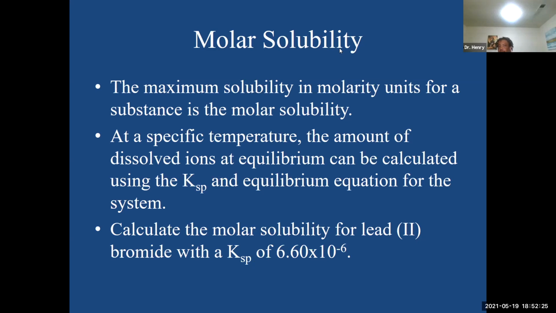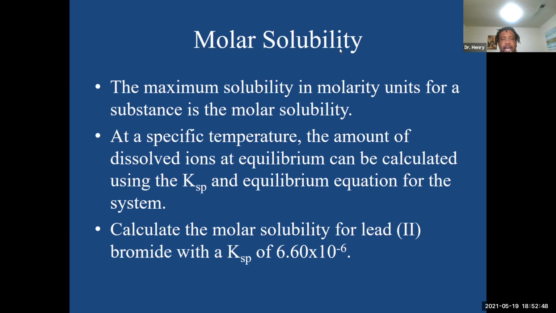Okay, so when we talk about molar solubility, the molar solubility is what you're actually calculating for your ions, right? It's the concentration of how much is going to be in solution, how much is going to be soluble.